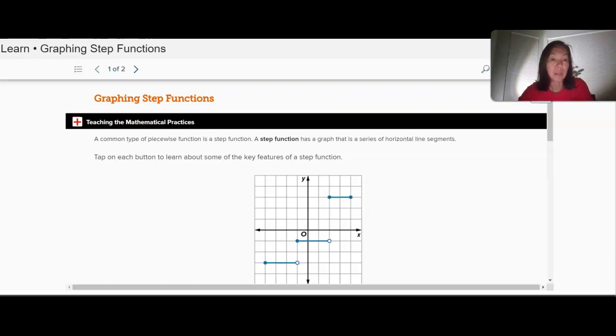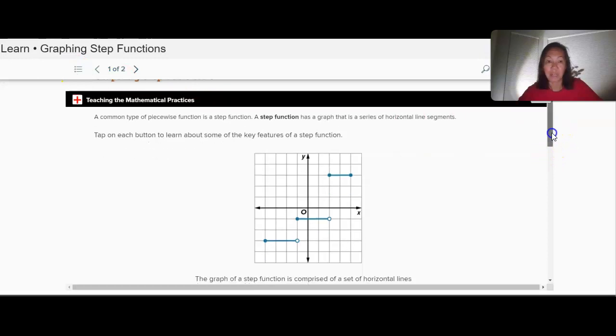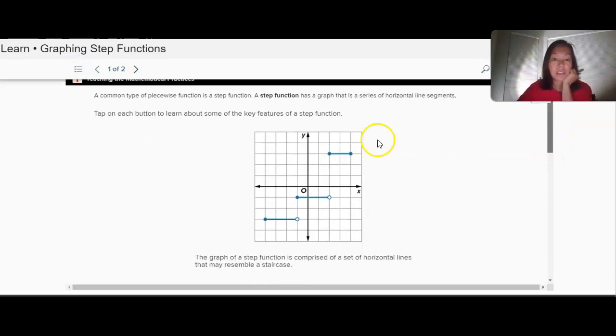So today we're going to look at graphing step functions. And in case you hadn't guessed from the name, a step function kind of looks like a series of steps. So it is a piecewise function, and it is made up of a series of horizontal line segments. Notice that with these segments, a lot of times the next segment will start where the last one left off.